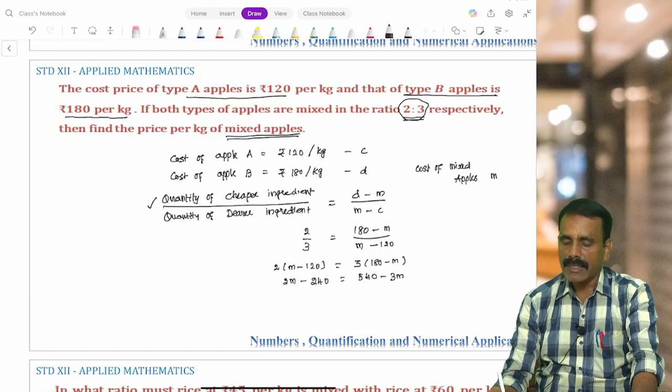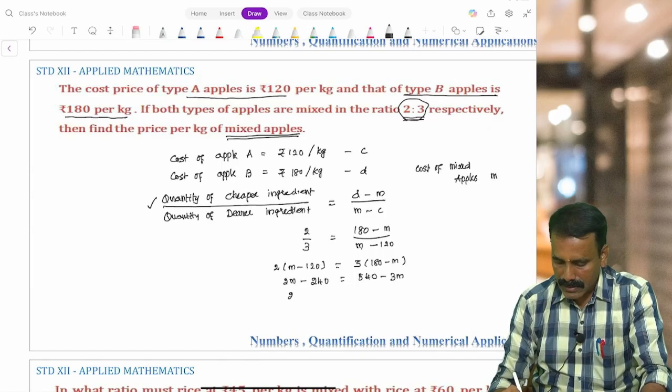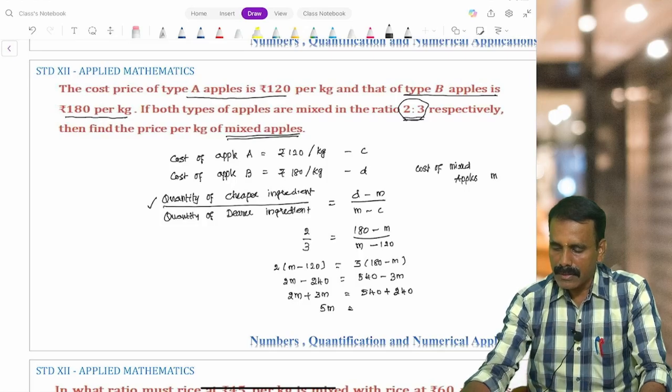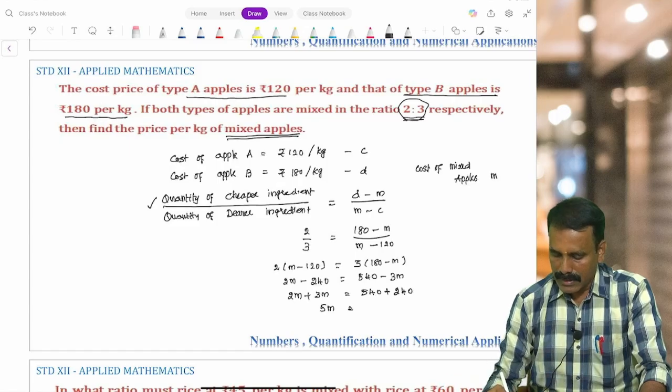So we take this minus 3M to the left hand side. So it is 2M plus 3M is equal to 540. We take this one to the right side, 240. So 5M is equal to 540 plus 240, 780 rupees.